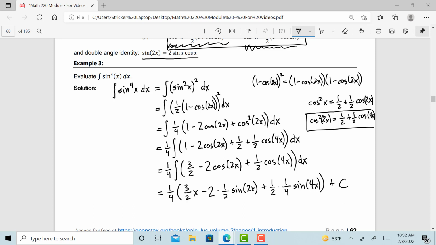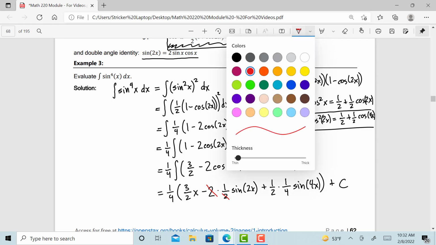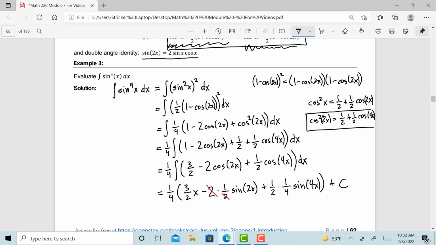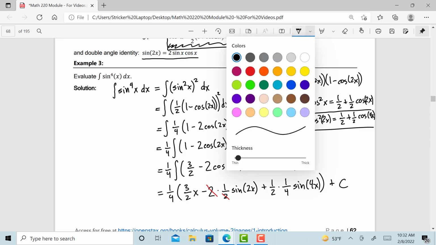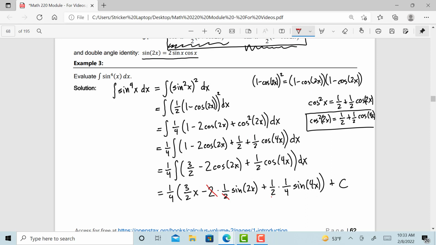And so now we can clean everything up. We'll distribute the 1/4 back into each of these terms. Before I distribute, let's clean up the inside here. When we have -2 times 1/2, the 2's will divide out, and 1/2 times 1/4 is 1/8. So these two are going to combine and make 1/8, right?